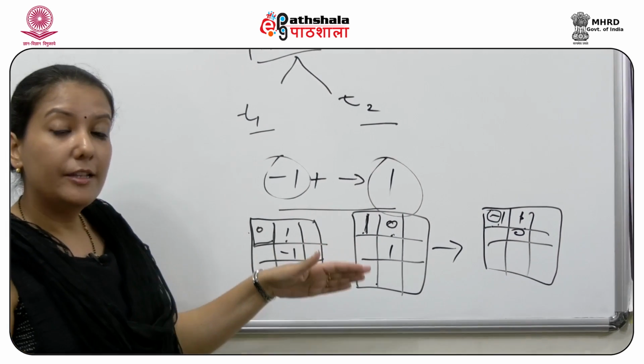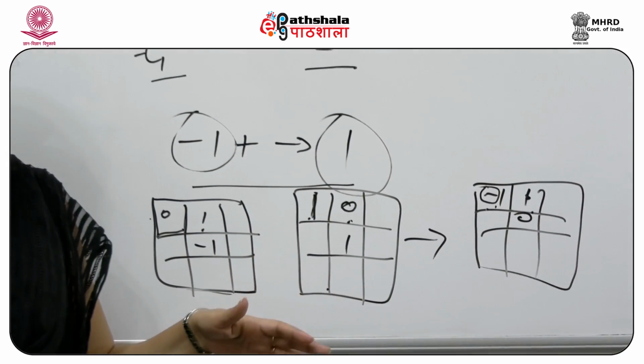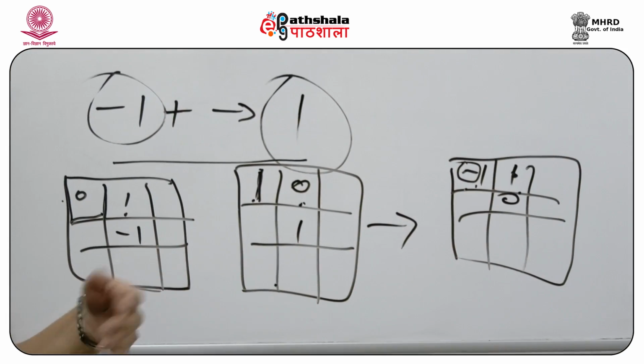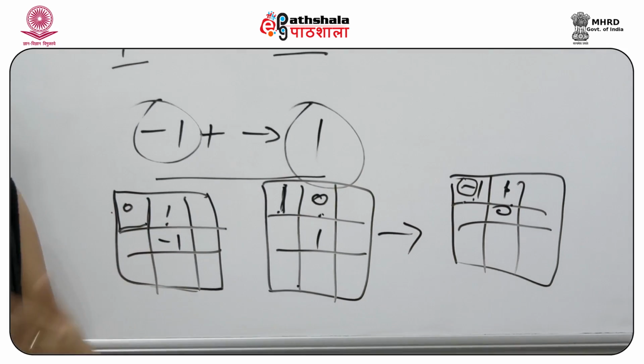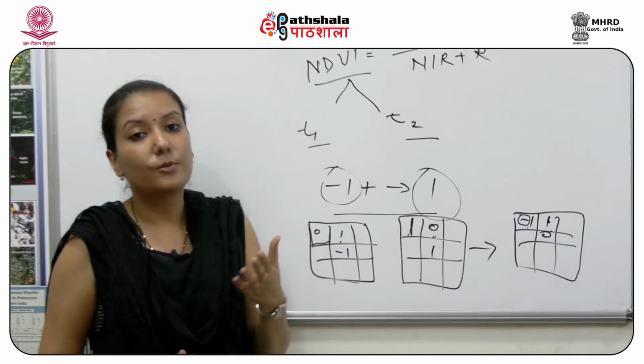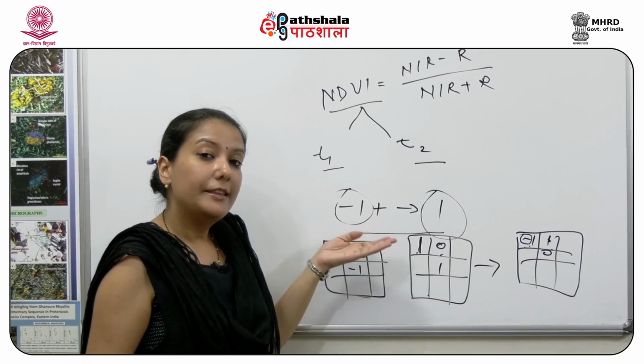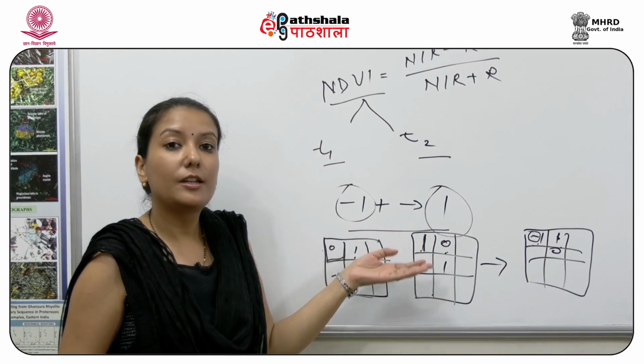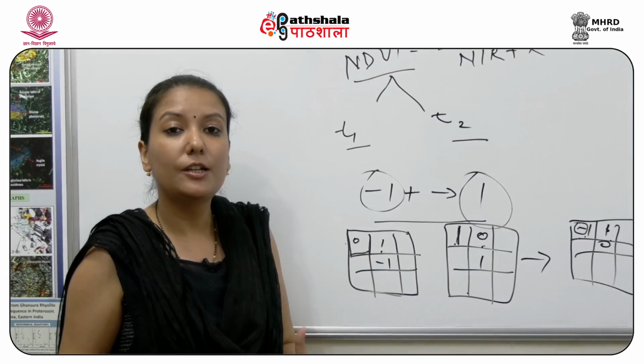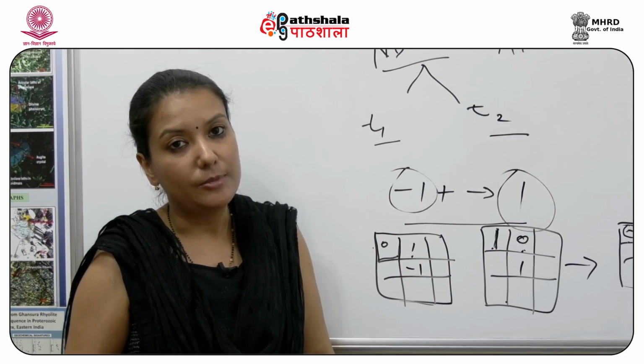So this is another method where you can identify change based on band ratioing after the normalization of two bands. Instead of using only one band, here we utilized two bands. Other indexes are also available and you can apply the similar approach on any of them.